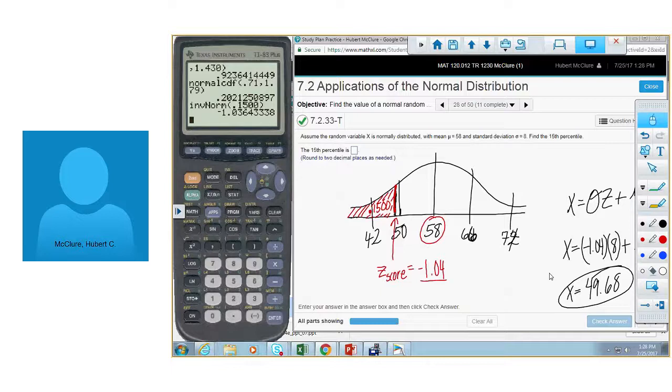The answer to the problem is 49.68. It says rounded to 2 decimal places, so 49.68.